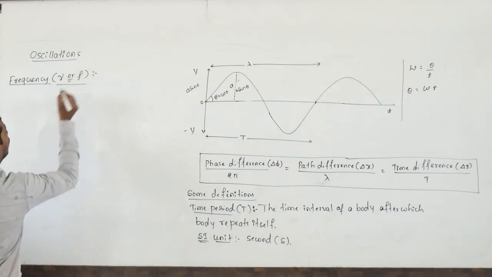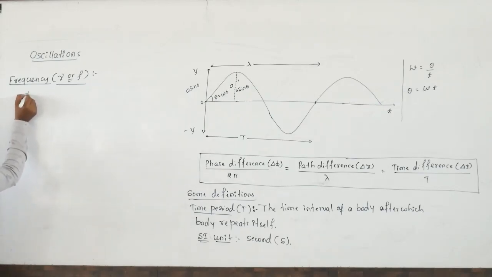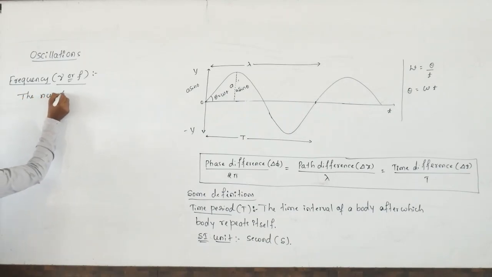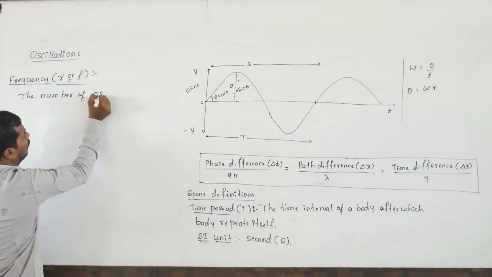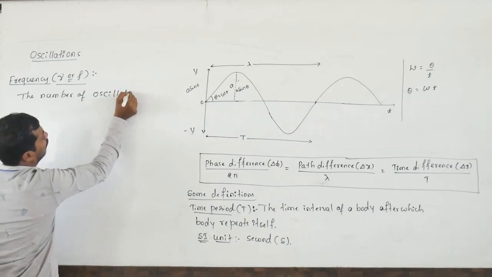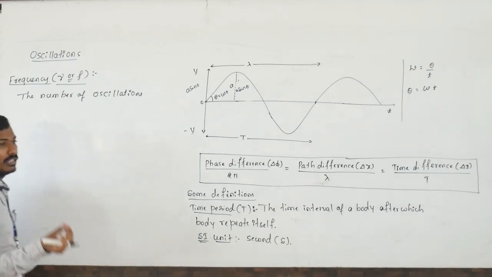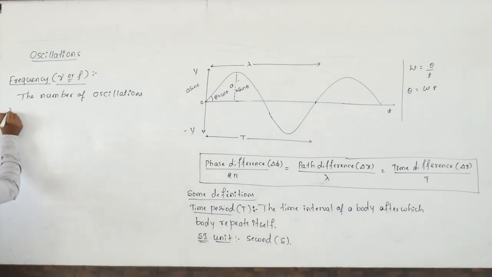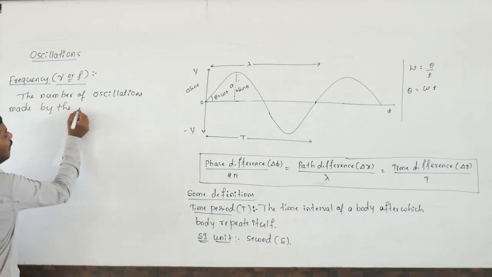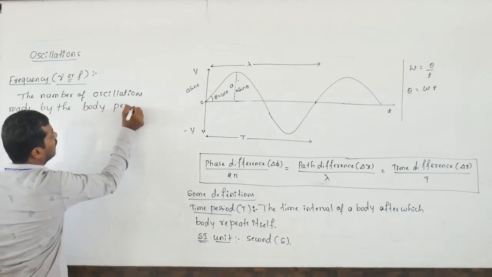Its definition is very simple. It is the number of oscillations or periodic motions, because all oscillatory motions are periodic motions, made by the body per second.